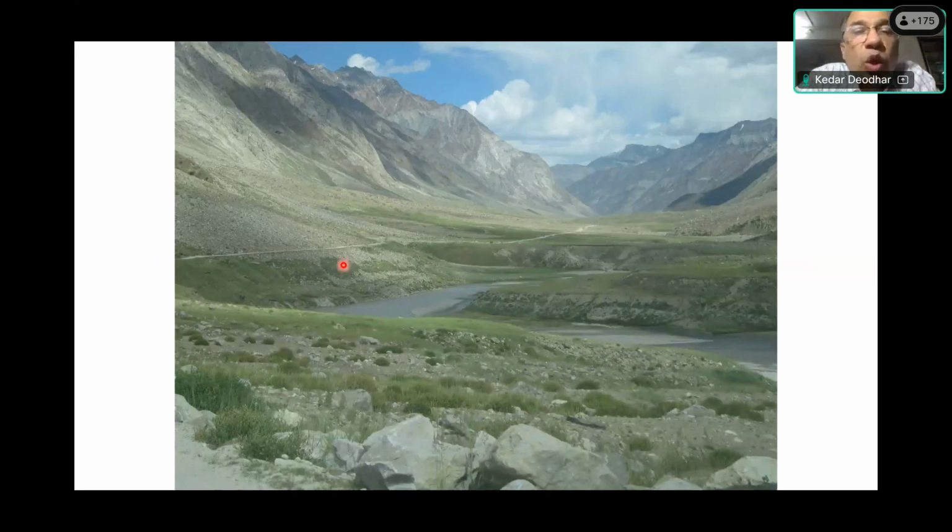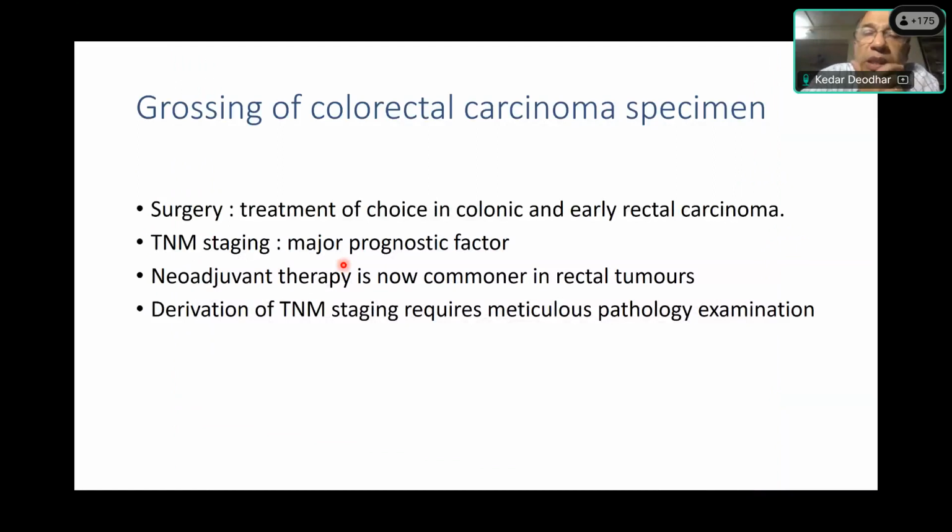Going on to the grossing of colorectal carcinoma specimens, this is where I'm going to take about 20 minutes. Essentially, surgery is the treatment of choice in colonic cancers and early rectal cancers. What we need to give is a TNM staging for any adjuvant therapy. More and more often for rectal cancers, we are seeing neoadjuvant therapy.